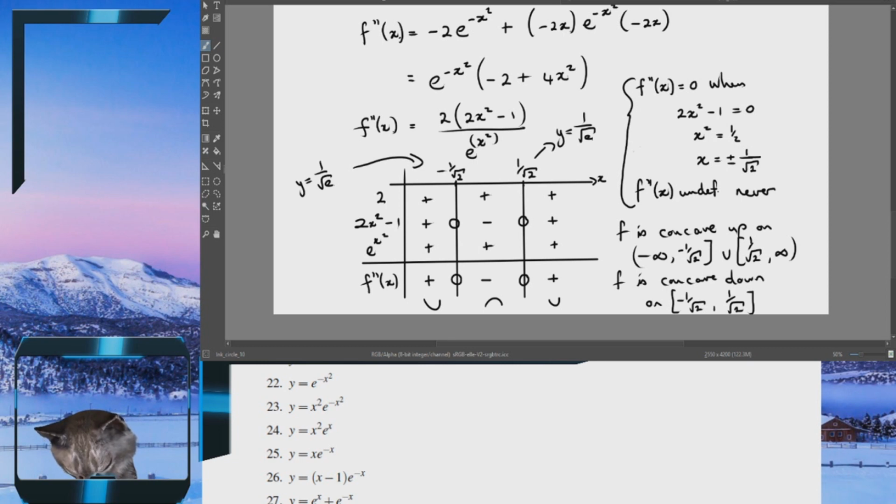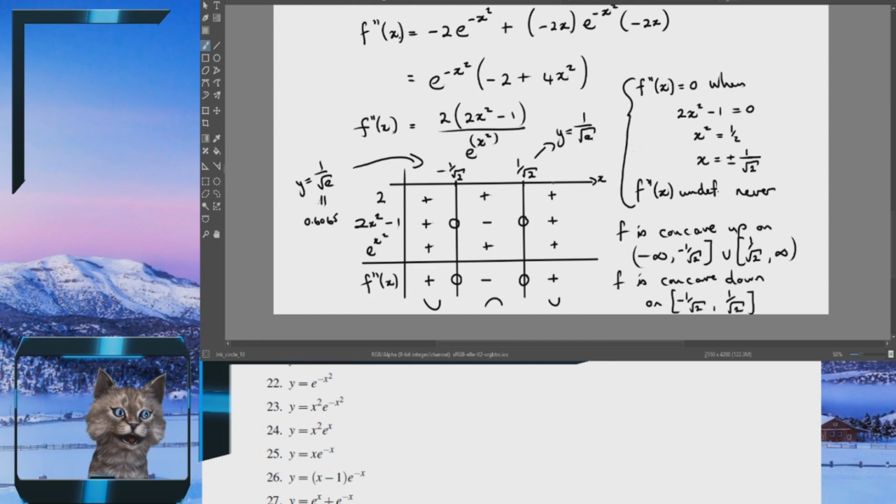I'm just using a temporary calculator. Okay, hold on, I can do it. 1 divided by square root of e. 0.6065, if I round to 4 decimal places.